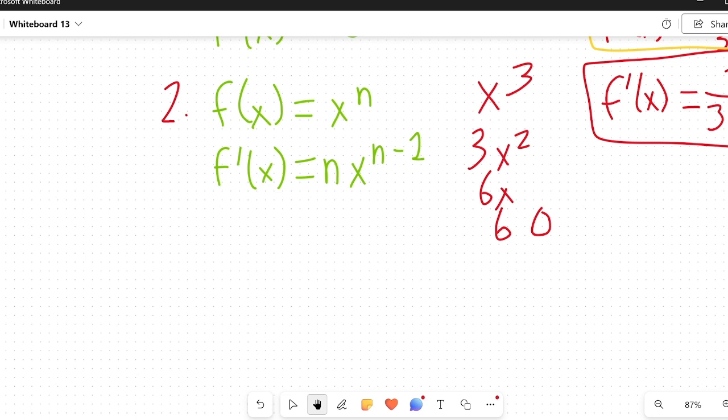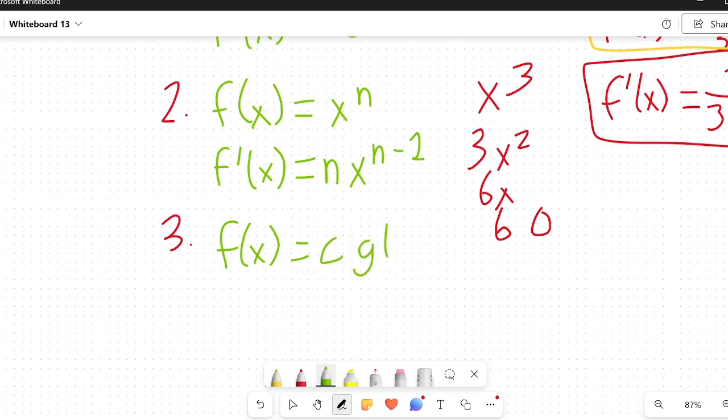The next rule is the constant multiple rule, which essentially says that if f of x equals c multiplied by some g of x, then f prime of x equals c times g prime of x.